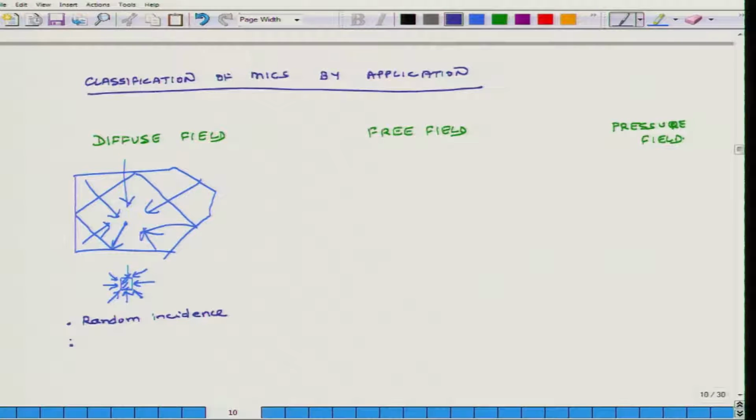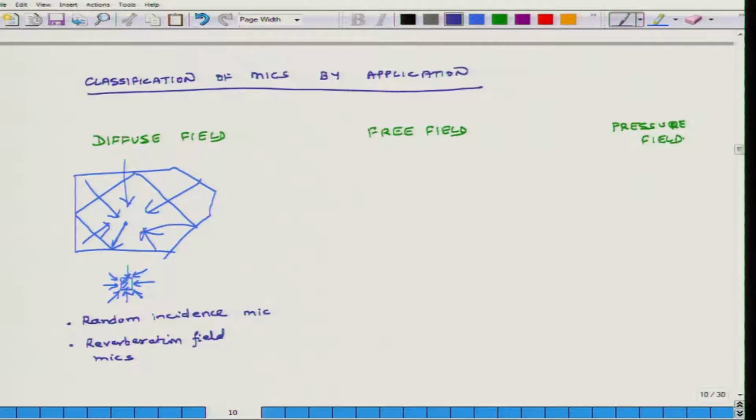Second thing, they are also known as reverberation field microphones. So, these diffuse field microphones are also known as random incidence microphones or reverberation field microphones.